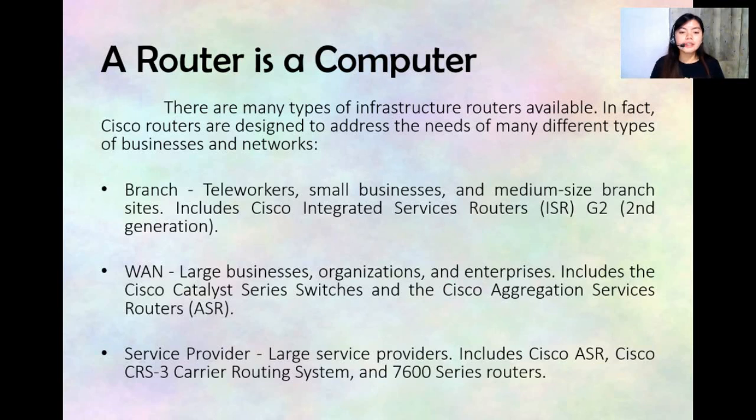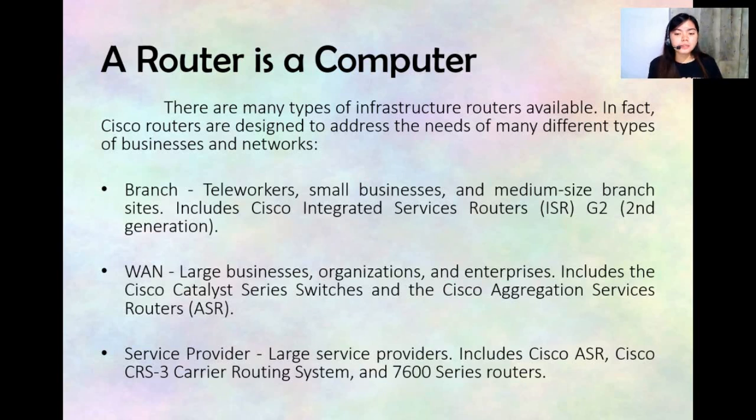A router is a computer. There are many types of infrastructure routers available. In fact, Cisco routers are designed to address the needs of many different types of businesses and networks. Branch: teleworkers, small businesses, and medium-sized branch sites include Cisco Integrated Services Routers, or the ISR G2, second generation.